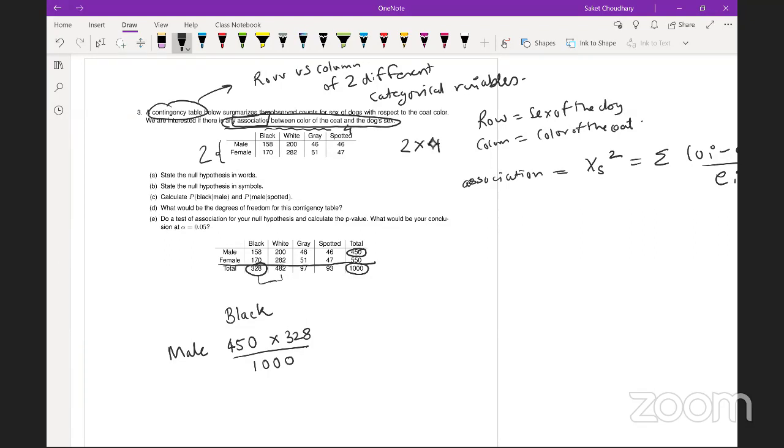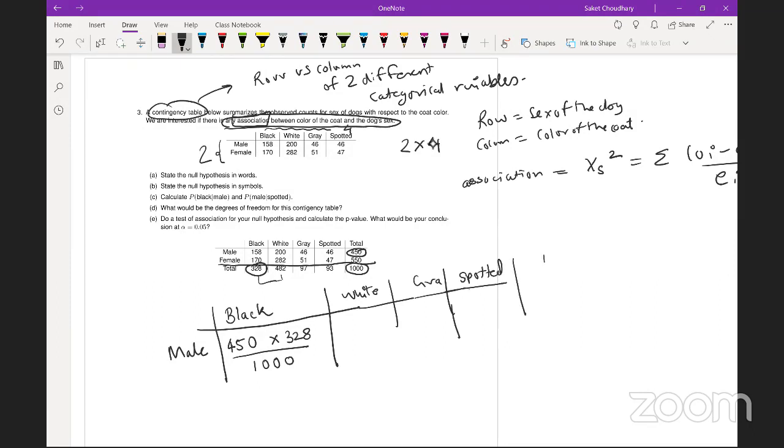So the final sum, if you do this operation for all the values for white, gray, and spotted, then the final sum that you get here will again be 450. Okay, there are no surprises there because you're working with ratios here.